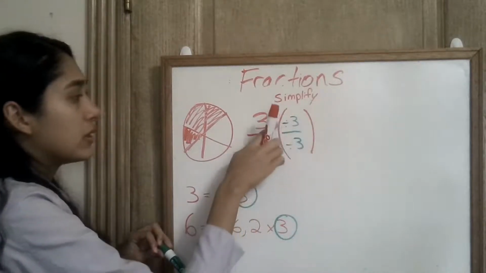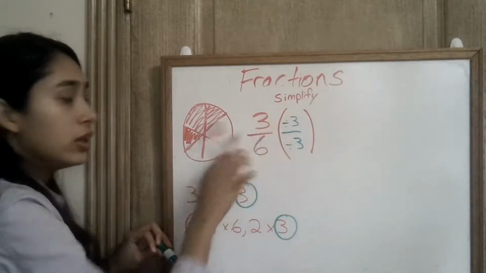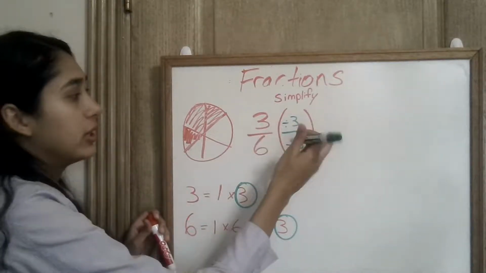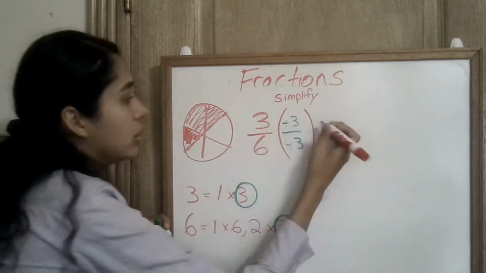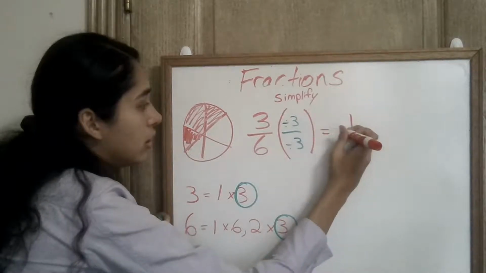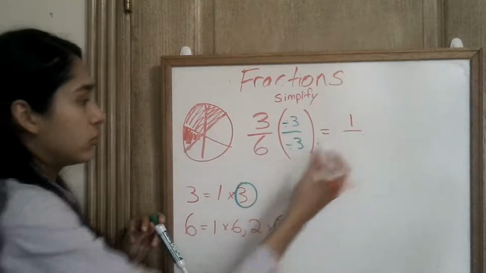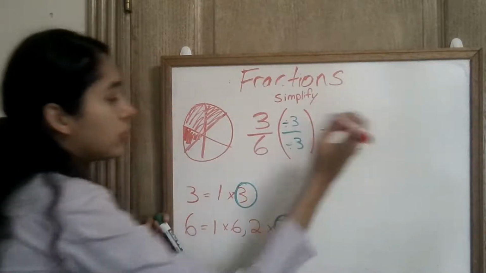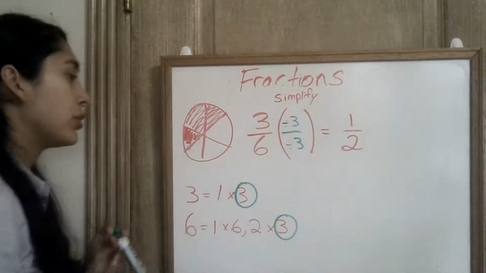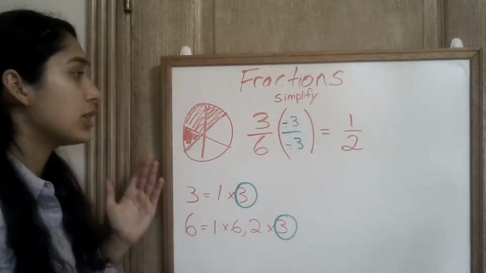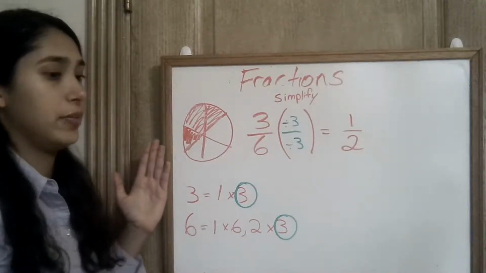See how there's 2 division symbols instead of just 1? So I divide by 3. 3 divided by 3 is equal to 1. And we have 6 divided by 3 is equal to 2. So here is how we know 3 over 6. If I ate 3 slices out of 6 slices, it essentially means I ate half of the pizza.